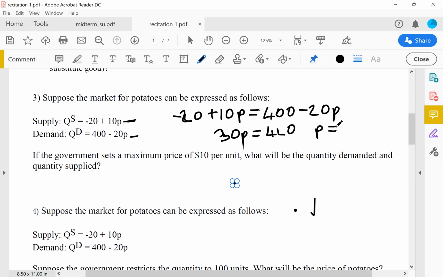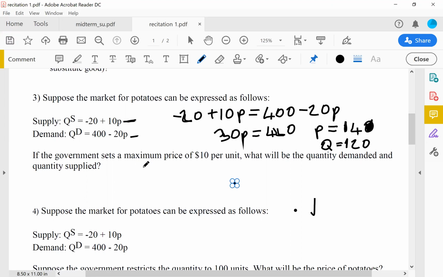It is 14. So the price will be 14, and if the price is 14, the quantity will be 120.